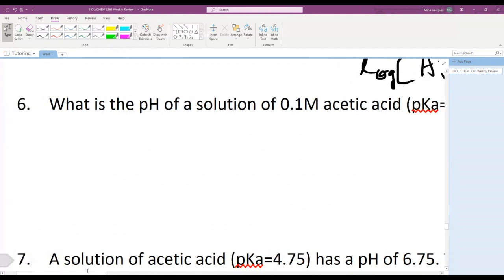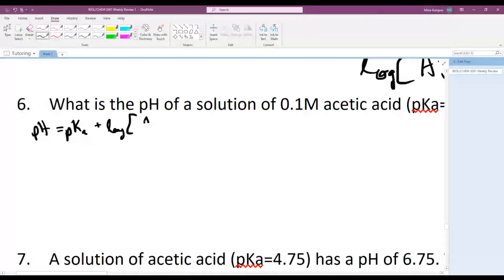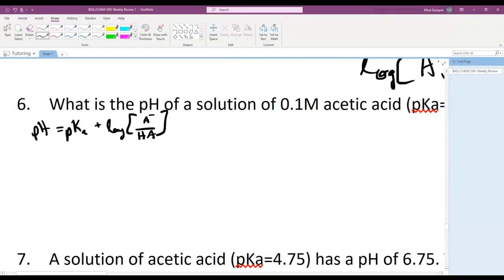So using the equation, which I'm going to write again, just to make sure we're good, pH equals pKa plus log of conjugate base over acid, okay? So right away I see my pKa, they told me, was 4.75.